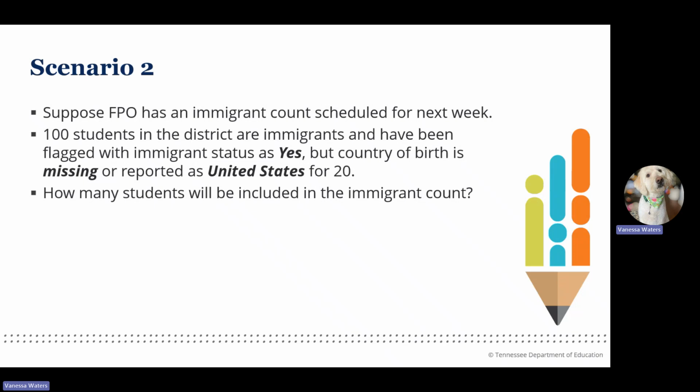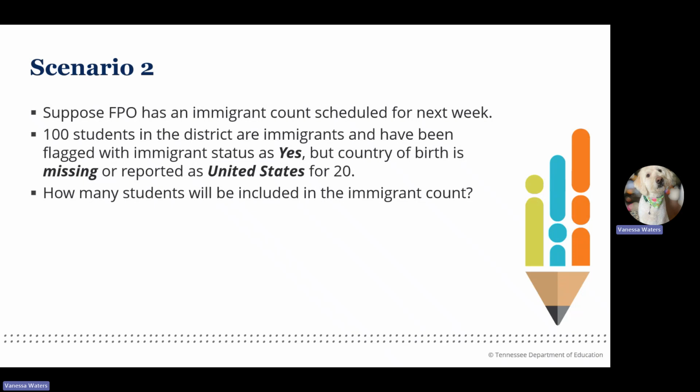Okay, for scenario 2, suppose a district has an immigrant count scheduled for next week. 100 students in the district are immigrants and have been flagged with immigrant status as yes, but their country of birth is missing or reported as United States for 20. How many students will be included in the immigrant count?